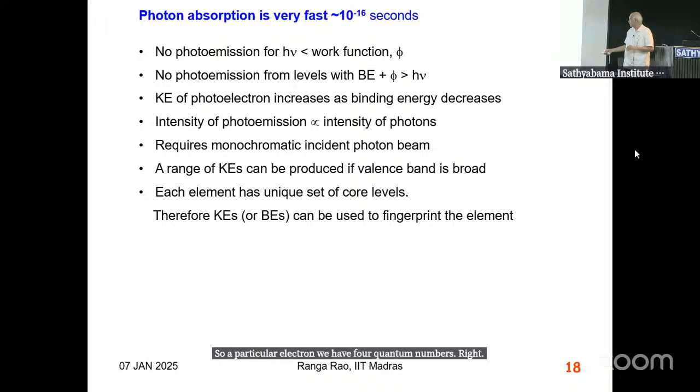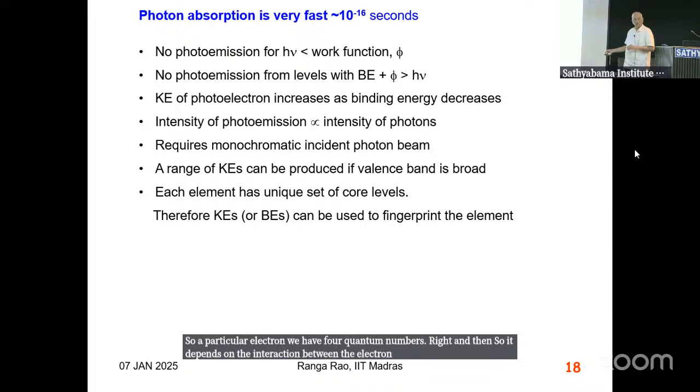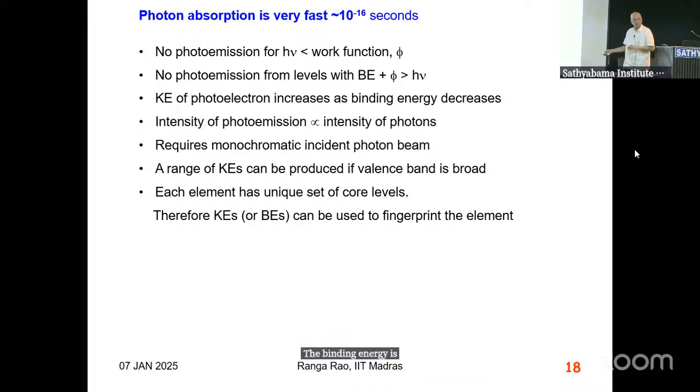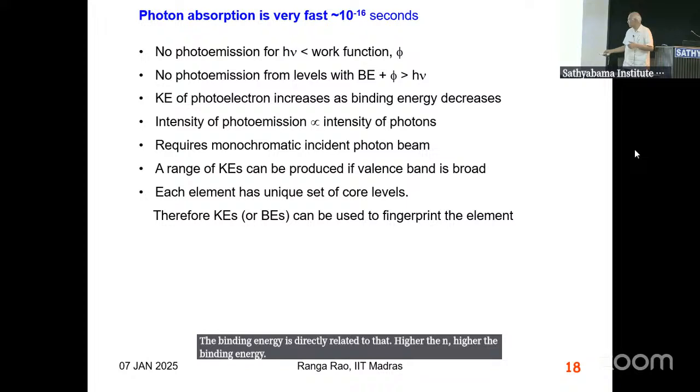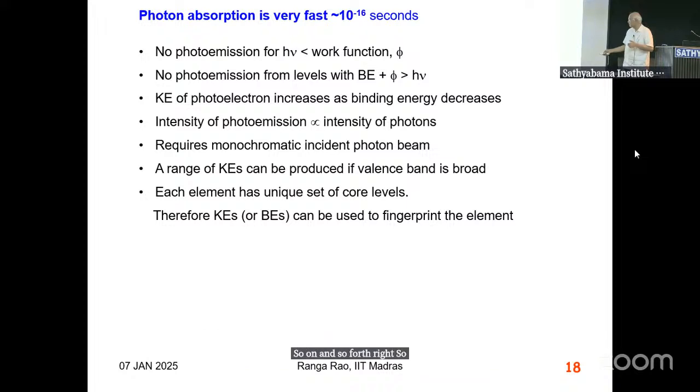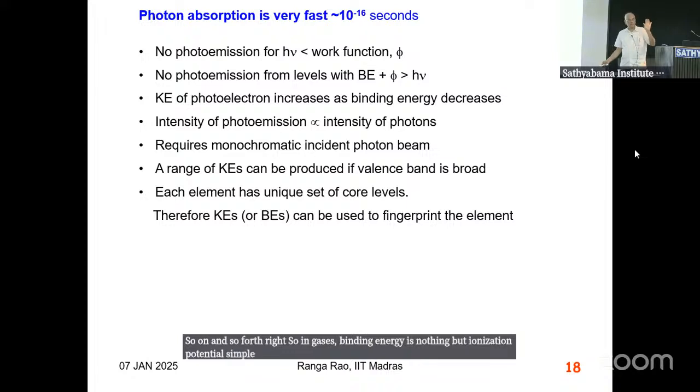And it depends on the interaction between the electron and the nuclear charge. The binding energy is directly related to that. Higher the N, higher the binding energy. So on and so forth, right? So in gases, binding energy is nothing but ionization potential, simple. No work function there.